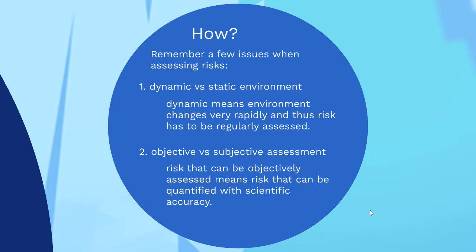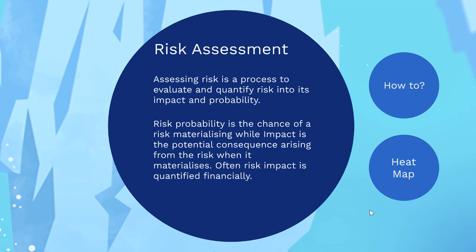Like, how certain are you that the probability is going to be a certain percentage and how much impact that is going to be. Now, that is objective versus subjective assessment. We recognize the fact that usually impact can be more objectively assessed, while most of the time the probability is subjective.